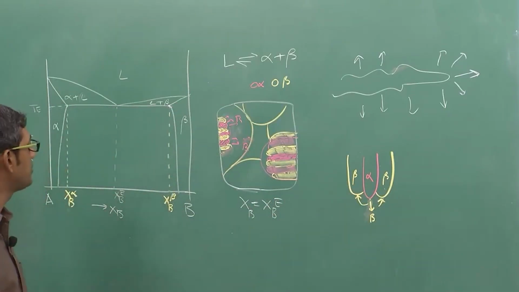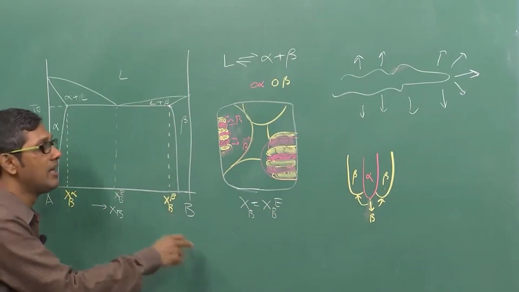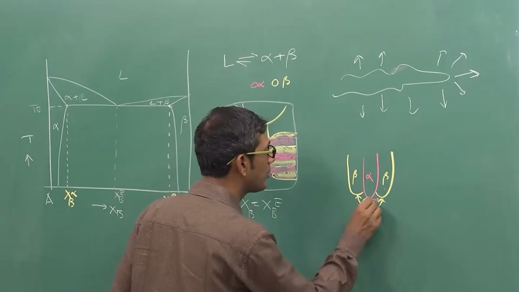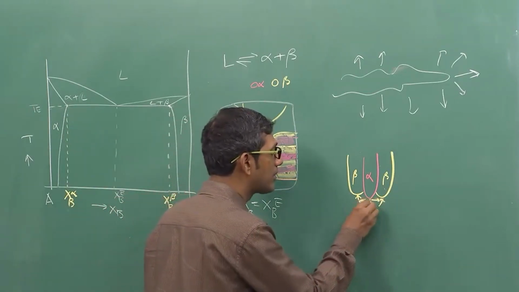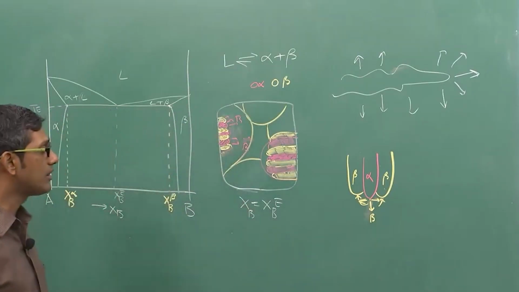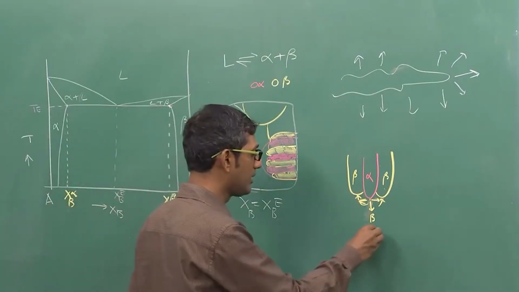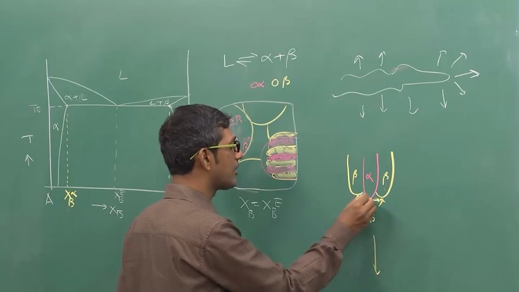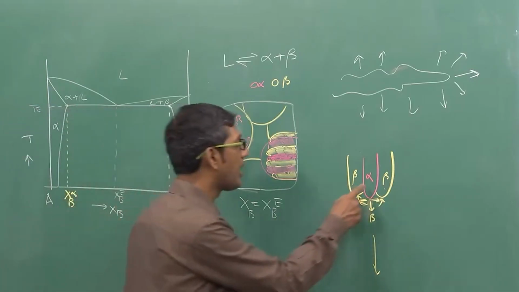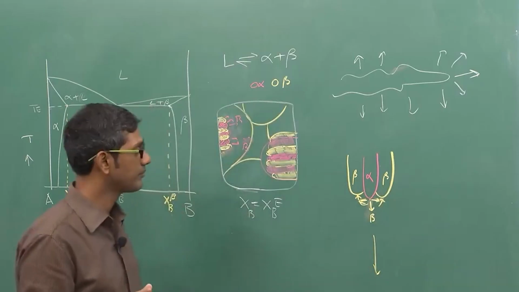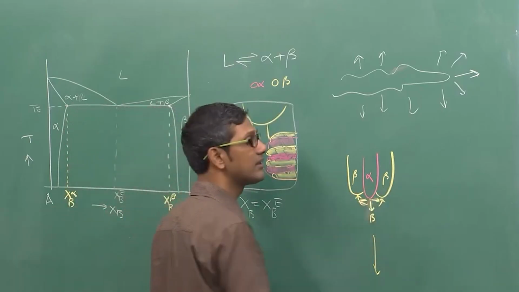That is obvious, because the beta is rich in B. So this B can then get transported from the tip of alpha sidewise. It does not require to be transported along this direction, it can always be transported sidewise. So the diffusional distance from the alpha to beta is very small, because these 2 lamellae are sitting side by side.